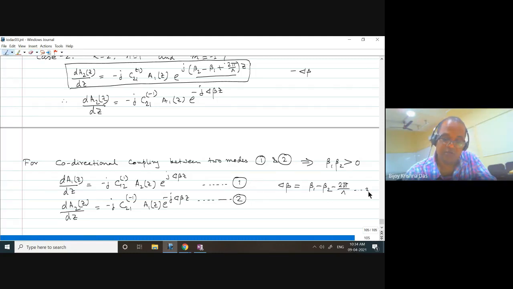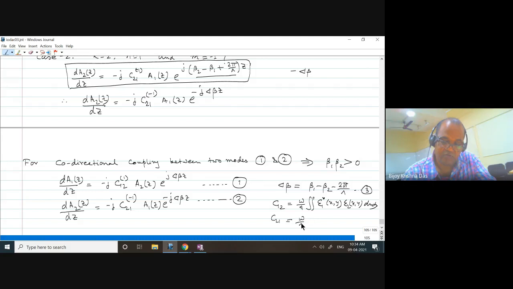That is actually 3, and C12 will be written as omega by 4 overlap of E1 star xy E2 xy dx dy, and C21 will be equal to, if it is just m equal to 1, I'm not writing here because this is not coming in this expression.